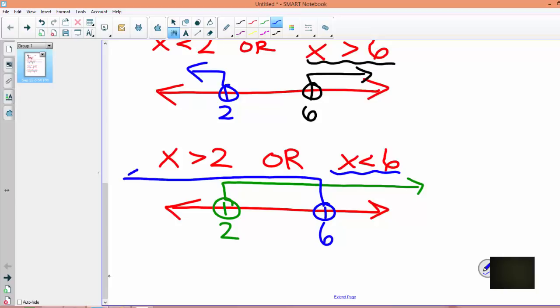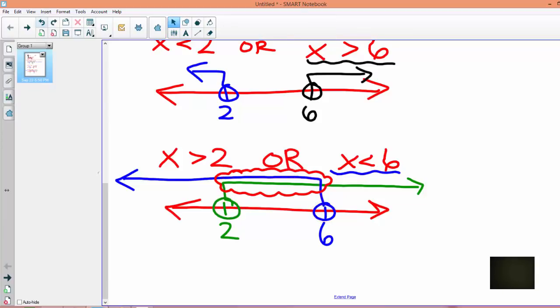Now, the first problem when this interesting video first started was the word "and". And for "and" purposes, this is where both the blue and the green are. So for the very first problem, the answer was just the open circle from here to here because it said "and". Well, this one says "or". And "or" is where the blue or the green or both of them are.